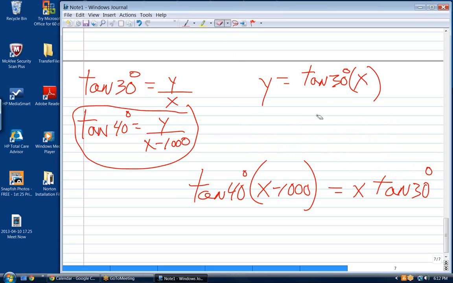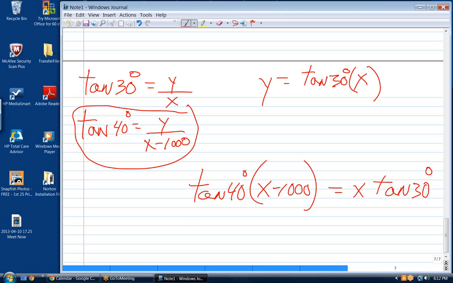I guess we just distribute. At this point we got to solve for x, but first of all, we got to get all the x's on one side and all the numbers on the other.